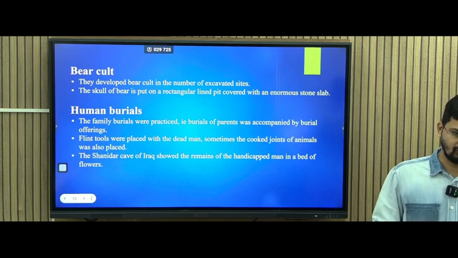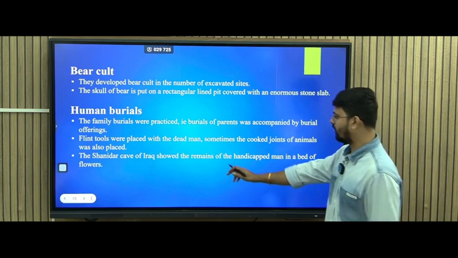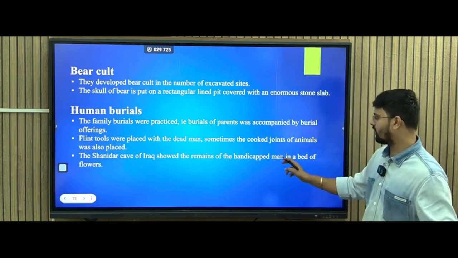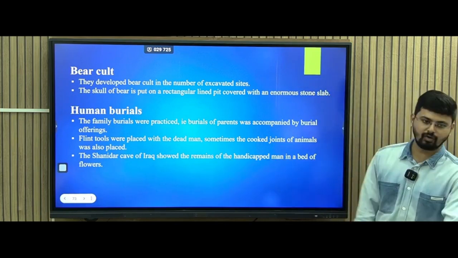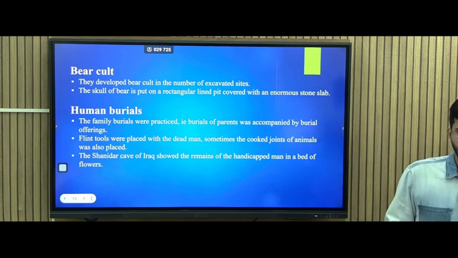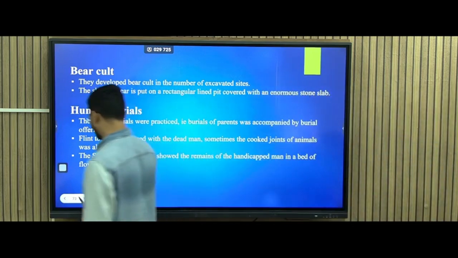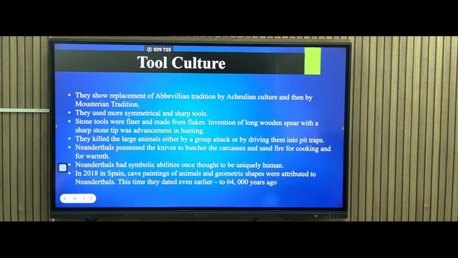That's why they kept their offerings also. In Shanidar cave of Iraq, it showed the remains of a handicapped man in a bed of flowers. Clear? So this is with respect to Neanderthal culture features. Then tool culture, I have explained in detail.